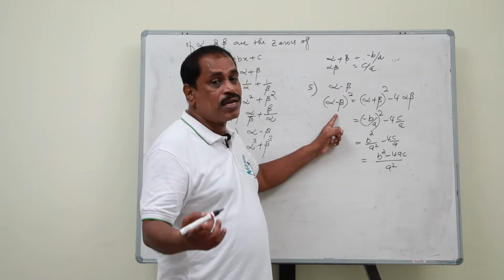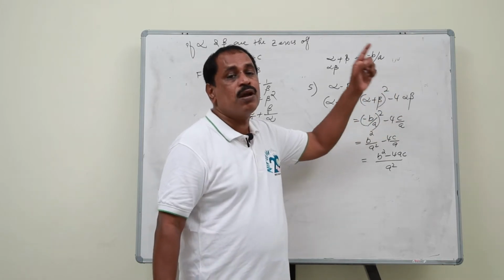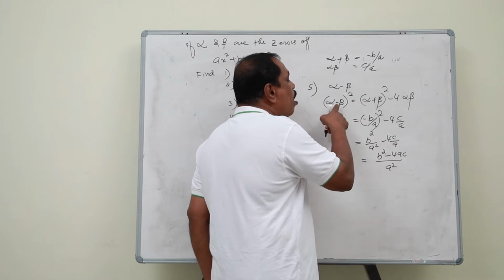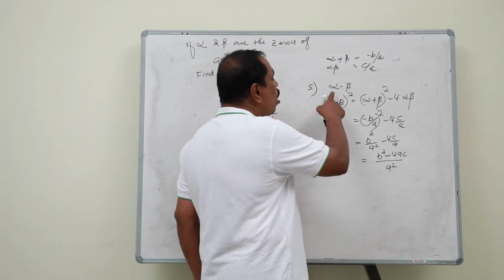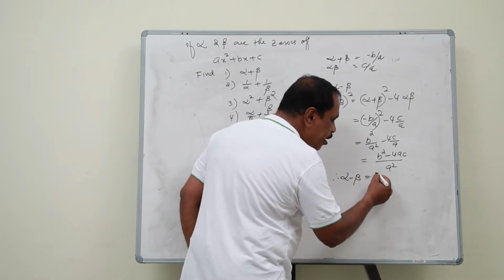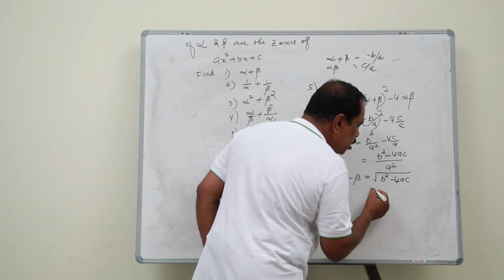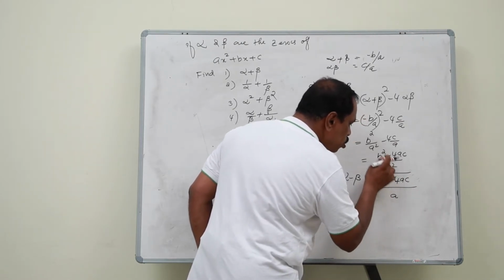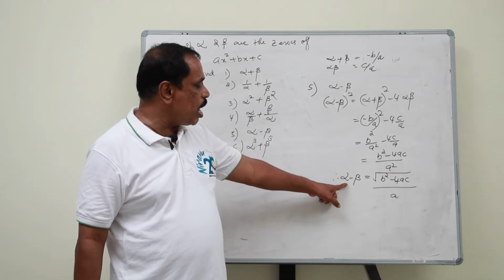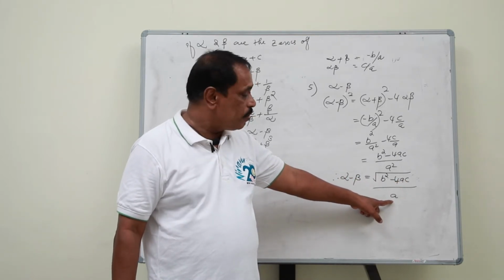Here again it is an identity only: a minus b the whole square equals a plus b the whole square minus 4ab. Now, our question is not alpha minus beta the whole square. We need alpha minus beta. Therefore, alpha minus beta equals root of b square minus 4ac the whole by a. The square root of a square is a. Clear? Alpha minus beta equals root of b square minus 4ac by a.